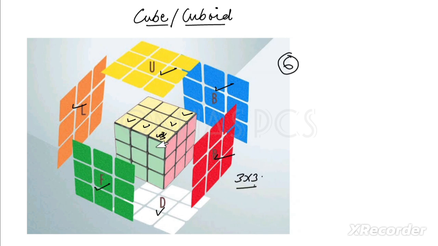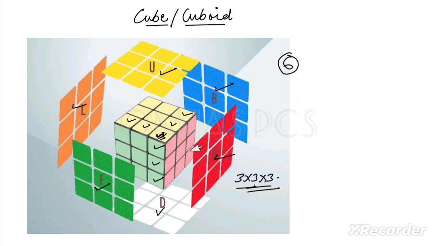And the height is also 1 2 3. So 3 by 3 by 3, like this you can say. Is it clear? So on every side, length, breadth, height, it has 3 small cubes.